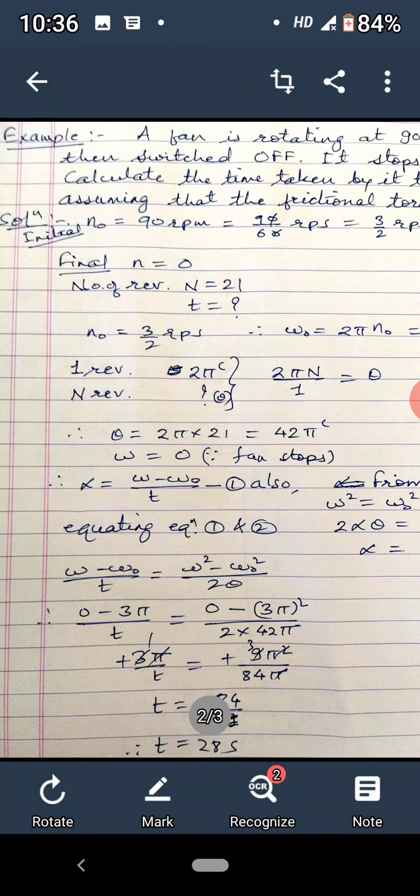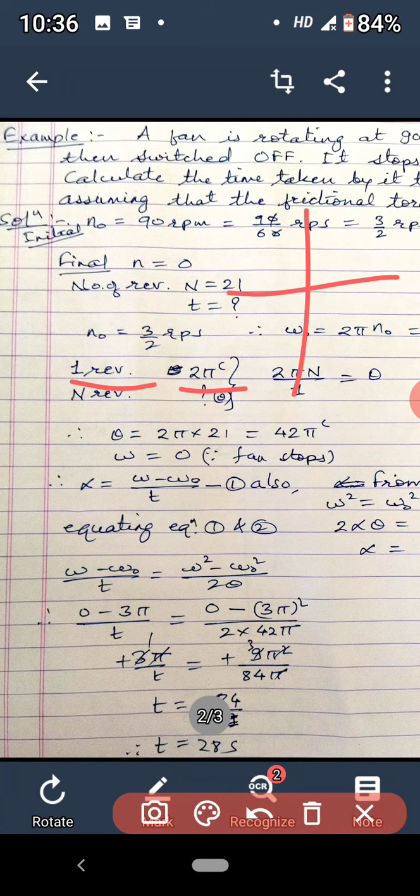In one revolution, the angle covered by the fan is 2 pi radian, because when you start from this point, this much angle is pi by 2, then pi, then 3 pi by 2, and then 2 pi. So after one revolution the fan completes 2 pi radian angle.